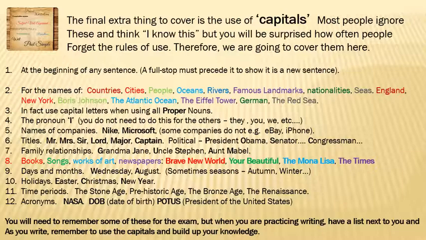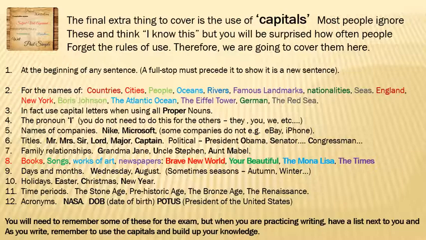The pronoun I. When we're using I, we always capitalize it. We don't need to capitalize they, you, we, etc. But I, we don't put a small i. We always put a capital I when we're writing. You should know this. Names of companies: Nike, Microsoft, millions more.